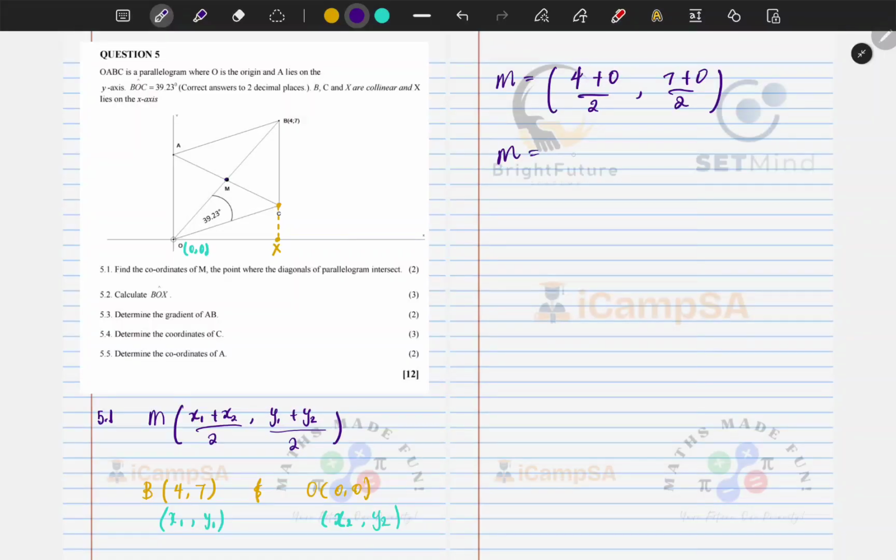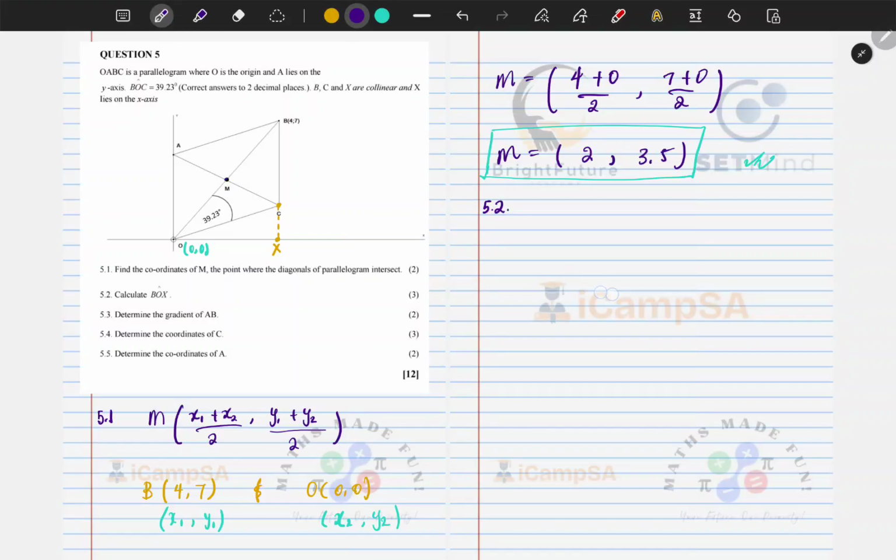Then your midpoint is 4 plus 0 is 4, divided by 2 is 2, and 7 plus 0 is 7, divided by 2 gives you 3,5. So these are the coordinates of your midpoint. Perfect.